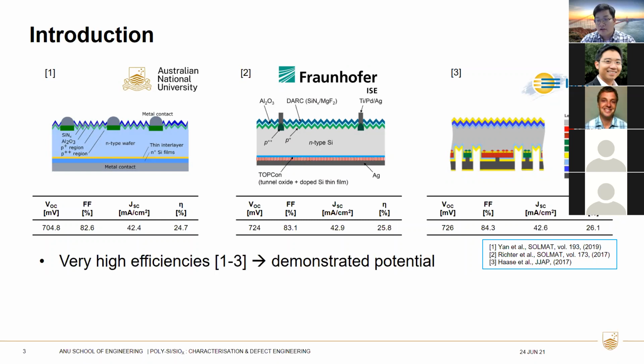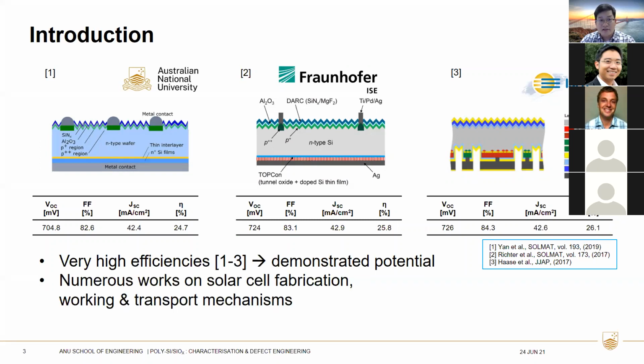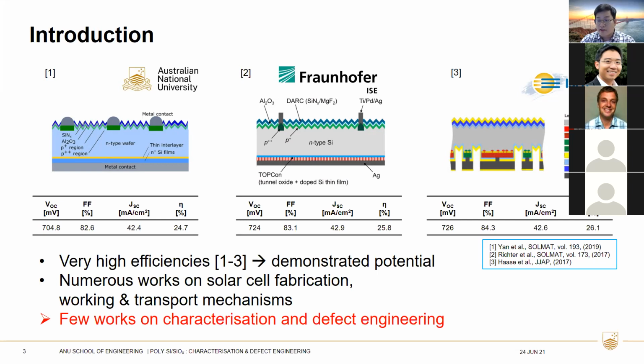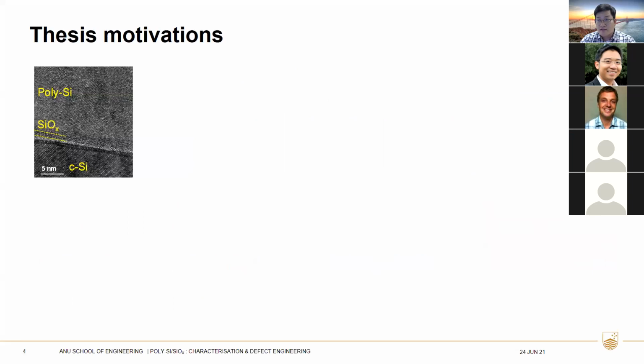These very high efficiencies demonstrate the potential of this technology. On the other hand, there are numerous works on solar cell fabrication and the working or transport mechanisms, but fewer works on characterization and defect engineering. That led us to the motivation for the work in my PhD.